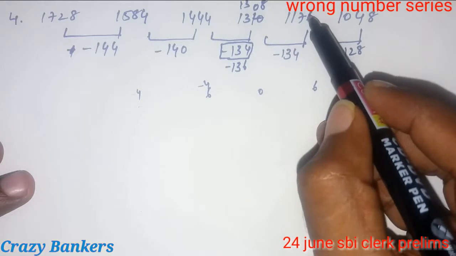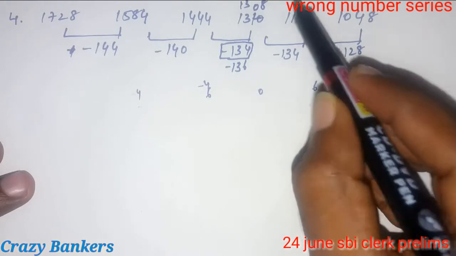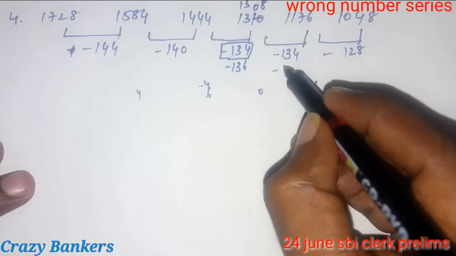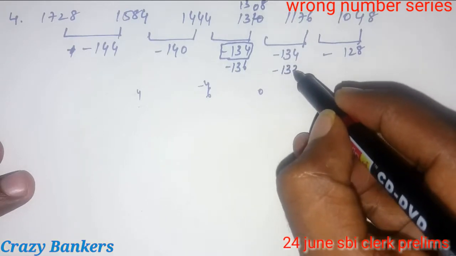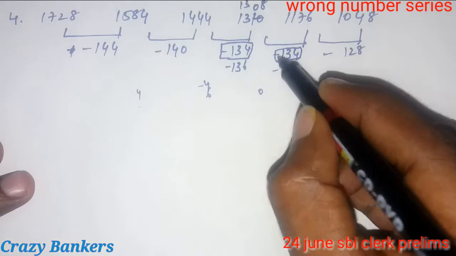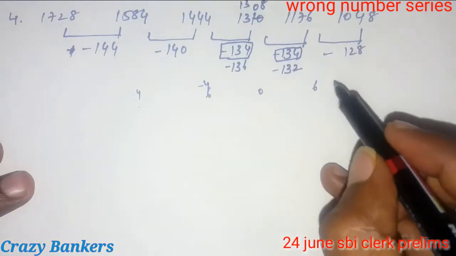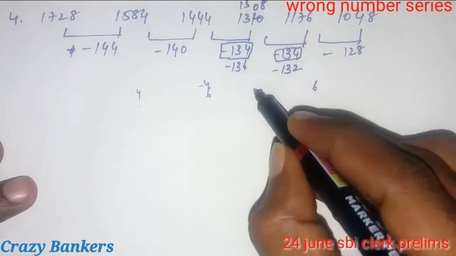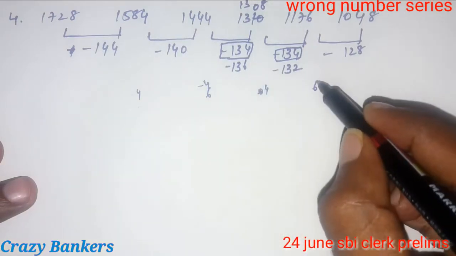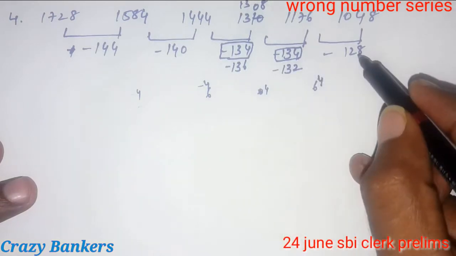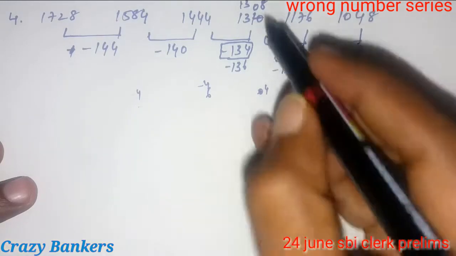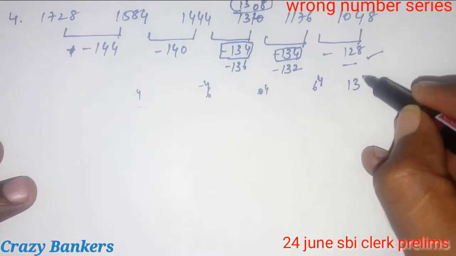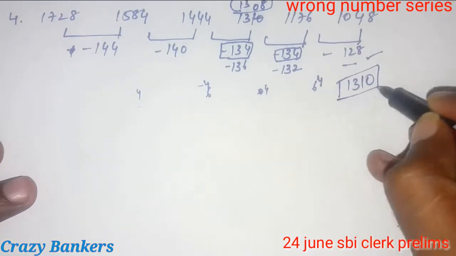Now the difference is 4 again, minus 132. Again a difference of 4, that is 128. So this is the right series, and the error is in 1308. 1310 is the wrong number in the series.